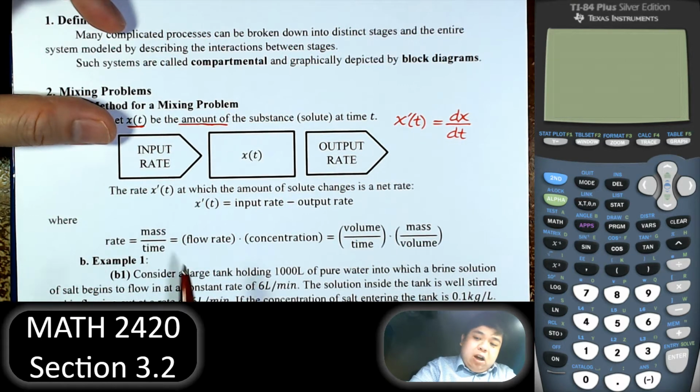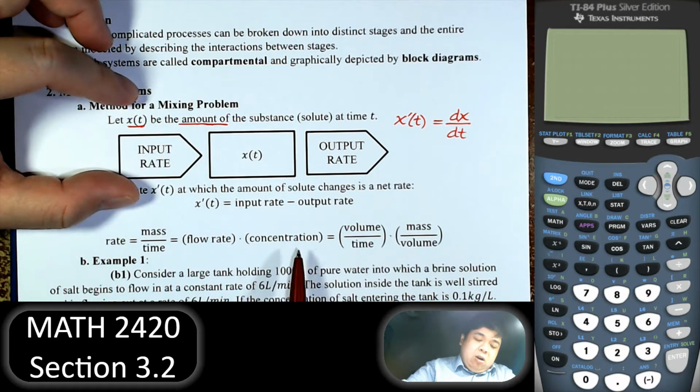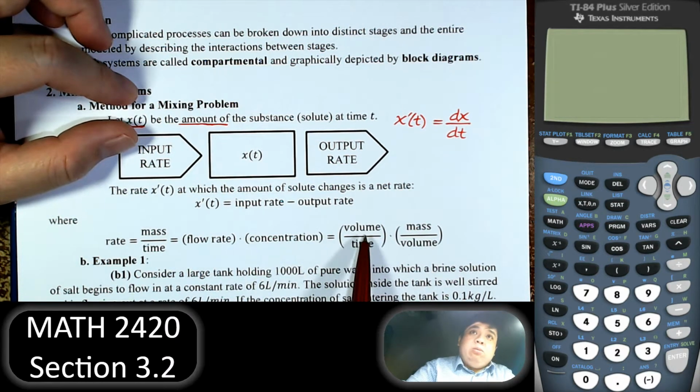And the mass over time depends on the flow rate times the concentration. Concentration is mass over volume, and the flow rate is the volume over time.